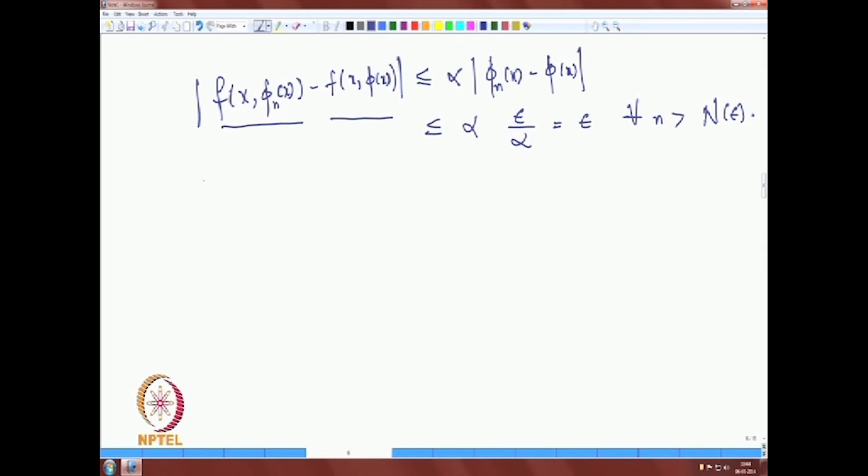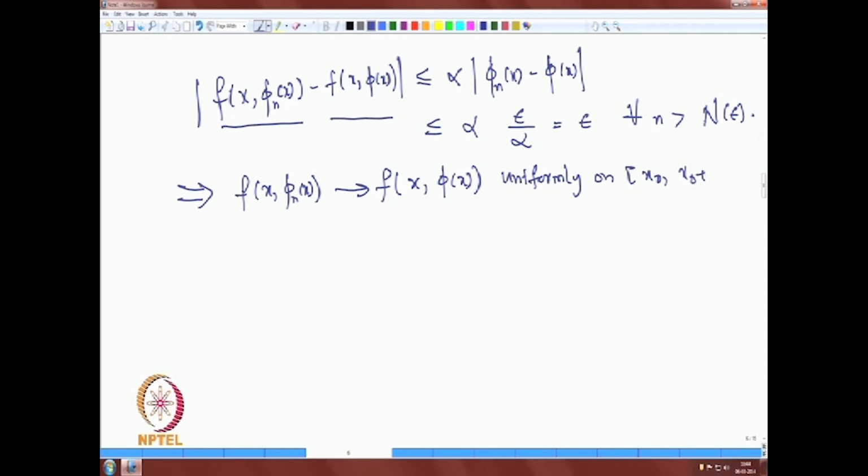This shows that f x phi n x converges to f x phi x uniformly on x0 plus h.